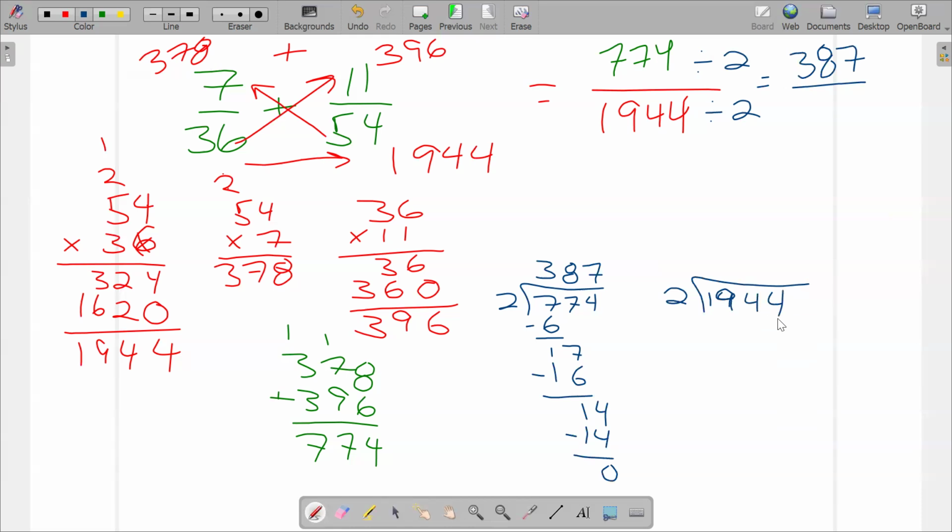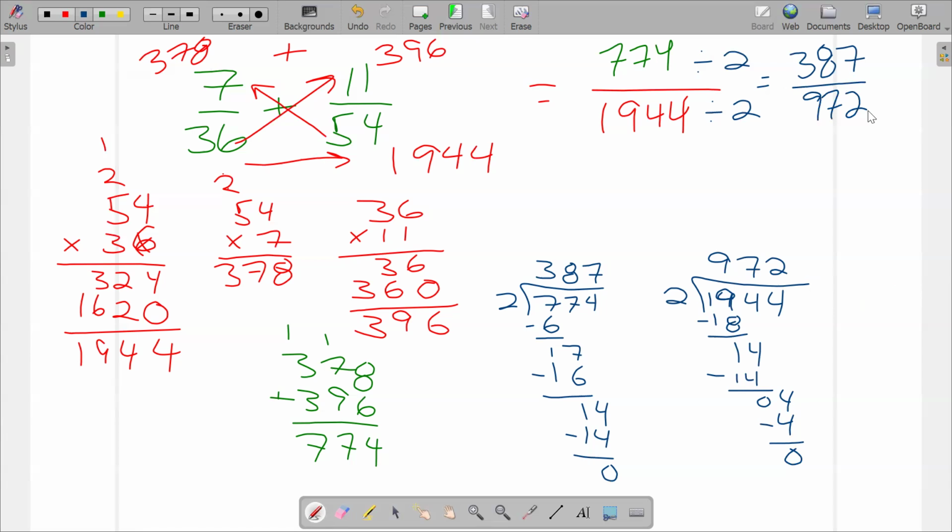Let's see, 2 goes into 19 9 times. 9 times 2 is 18. 2 goes into 14 7 times. 2 goes into 4 twice. So then I get 972.